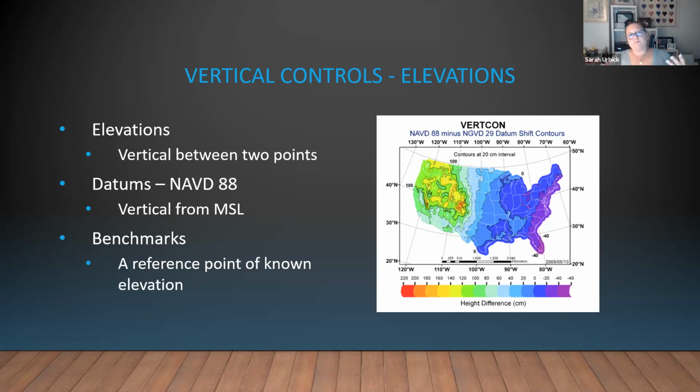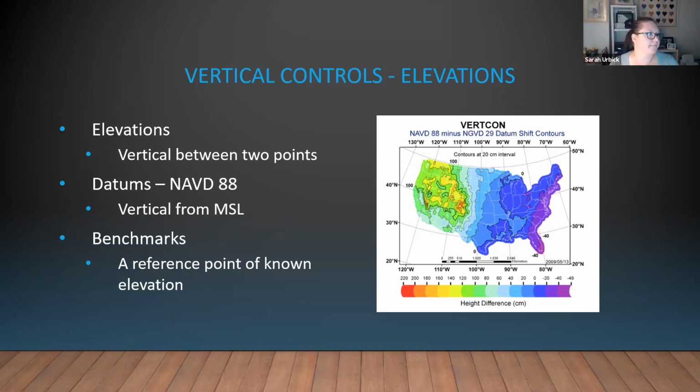So datum, that's our fixed point. That's our shared point of reference. Mean sea level, we used to see the abbreviation MSL, right? It's the vertical distance from mean sea level to our point that we're looking at. The government established the National Geodetic Survey, which called this mean sea level the National Geodetic Vertical Datum.